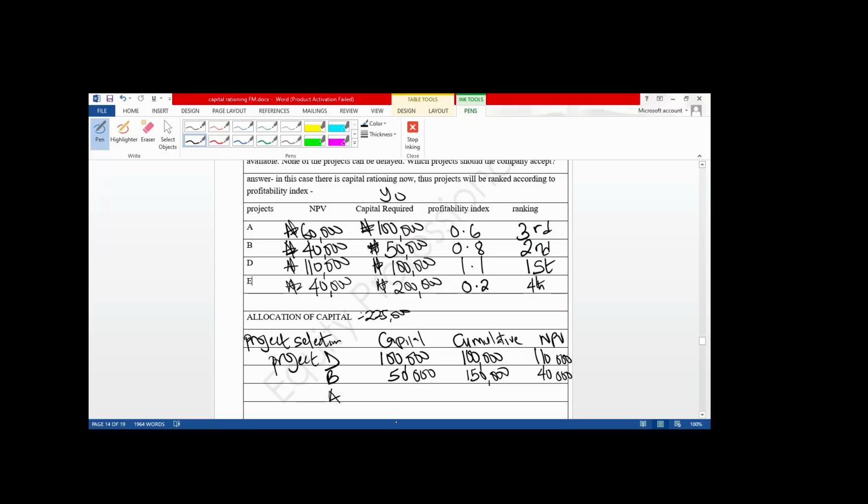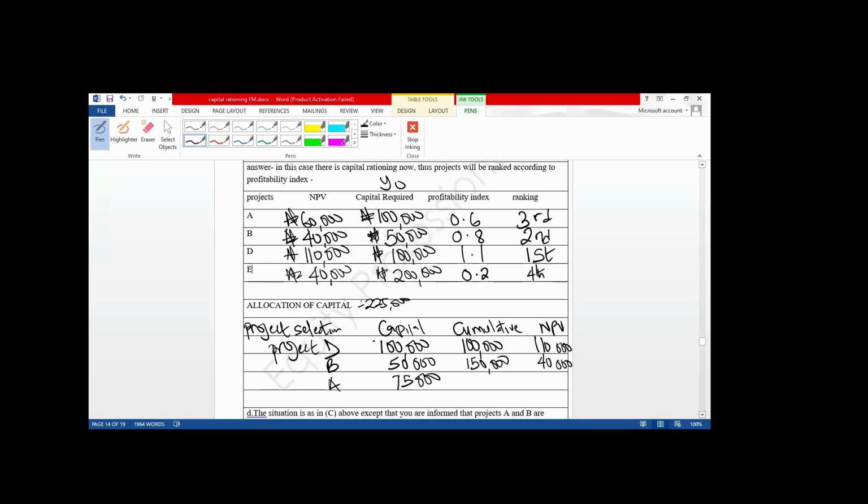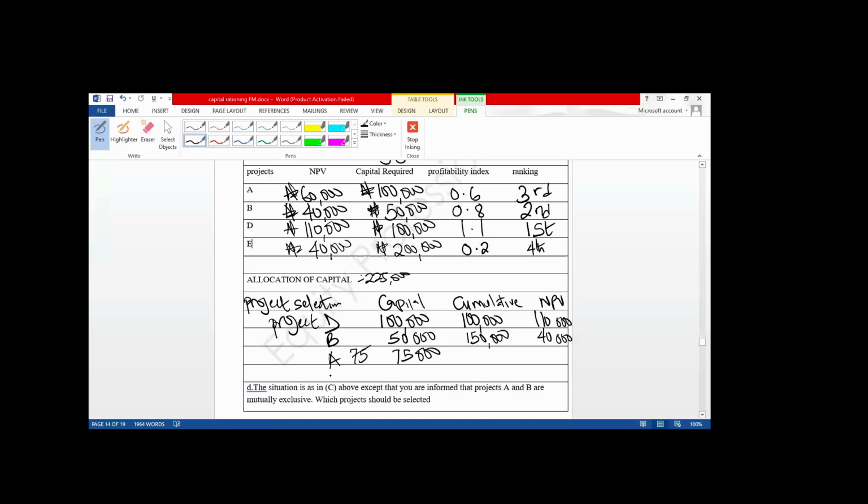Now calculate the percentage. You can only do 75% of project A. How do we get it? Project A is 100,000. Finance remaining is 75,000. 75,000 over 100,000 multiplied by 100.